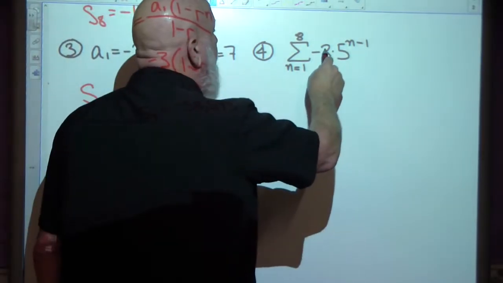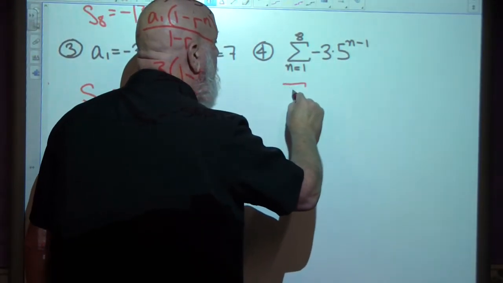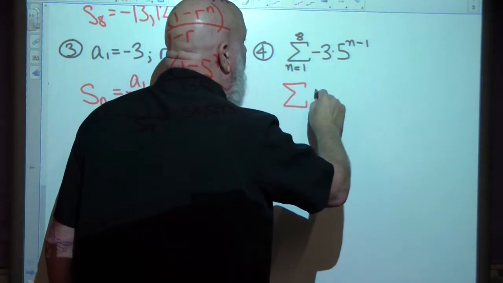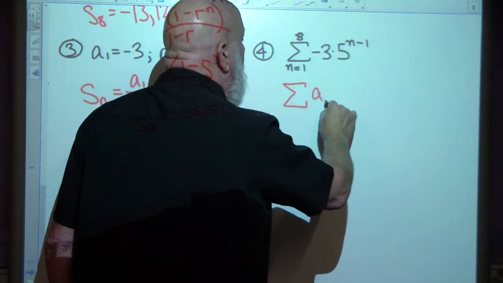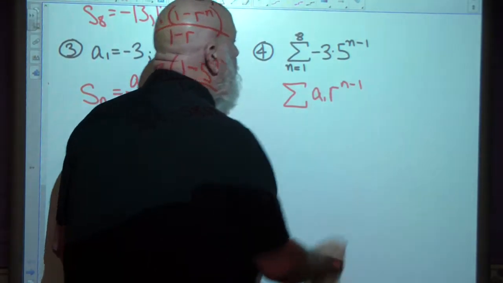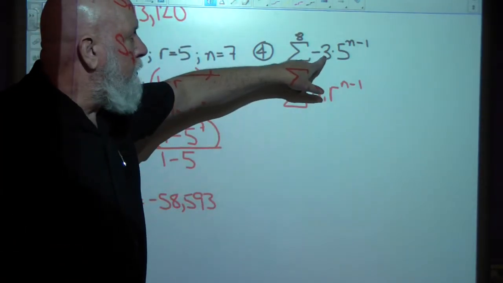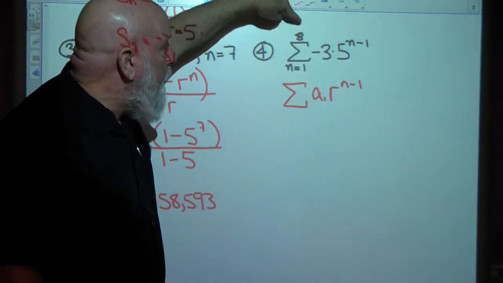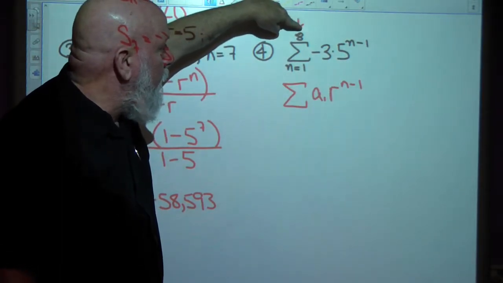Well, in this case right here, I'll put this in the general form, is the first term times r to the n minus 1. So I'm looking at the first term in the series and the common ratio. And here's the number of terms right here.